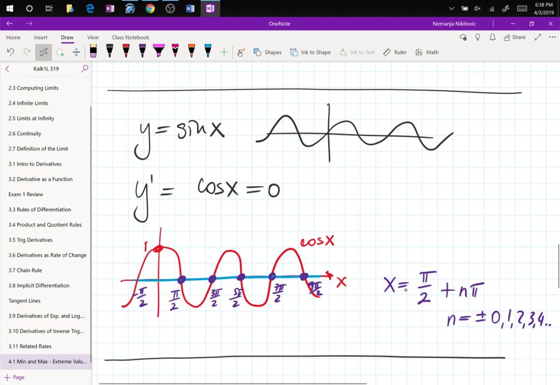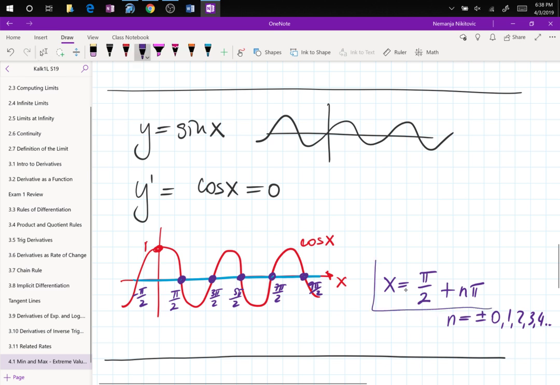Then, if your function is increasing, the derivative is positive. If the function is decreasing, the derivative is negative. It all has to click because it's math. No exceptions. Right?